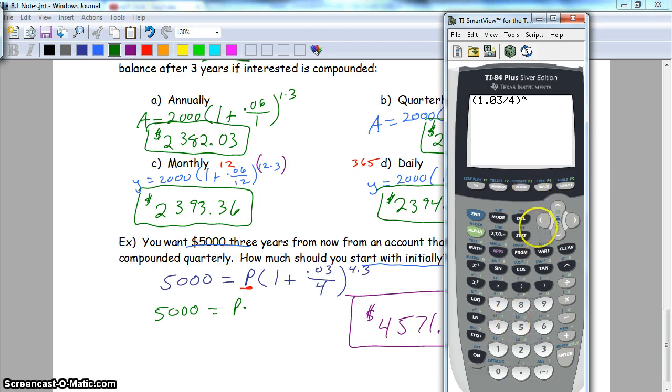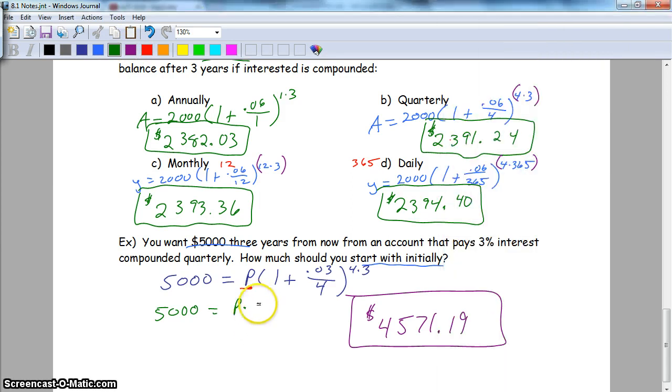Oh my goodness. Sorry, y'all. 1 plus 0.03 divided by 4, raised to the 12th power. And what we got here is 1.0938.